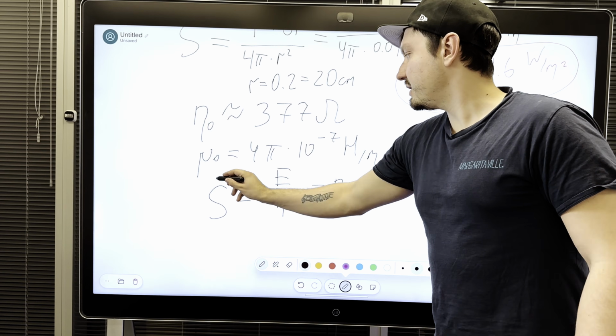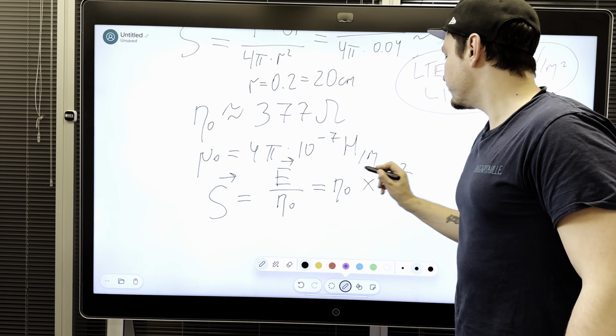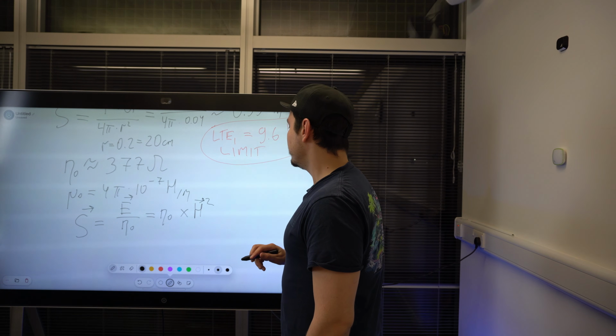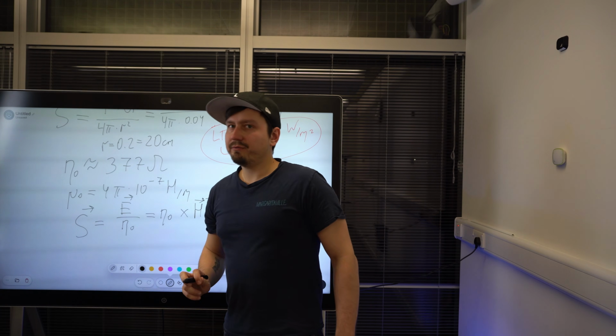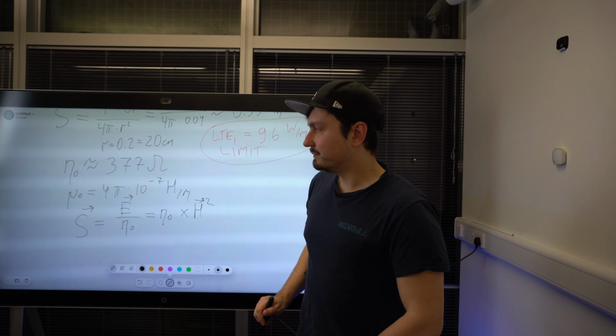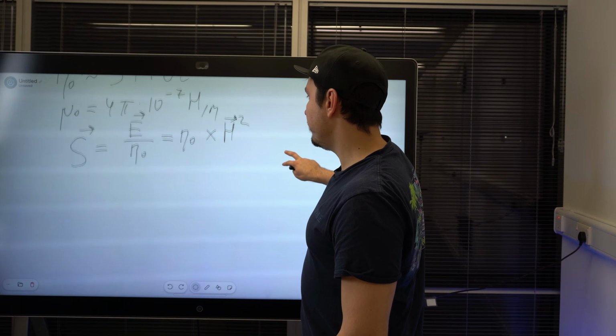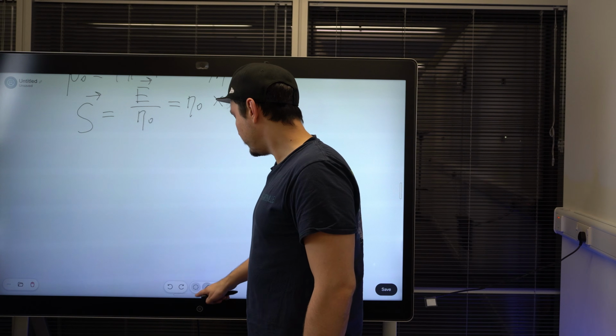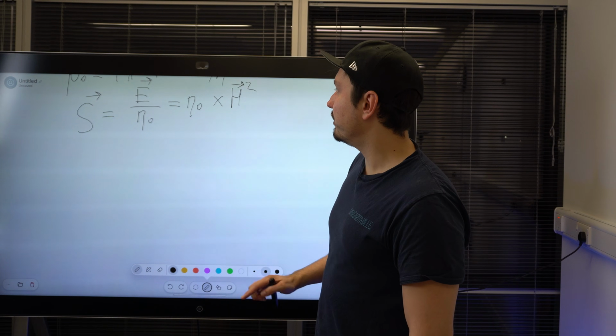And by the way, these are all vectors, so we can include this in our calculations as the way of writing those equations properly. So based on that, we can now calculate electric and magnetic fields according to this formula.